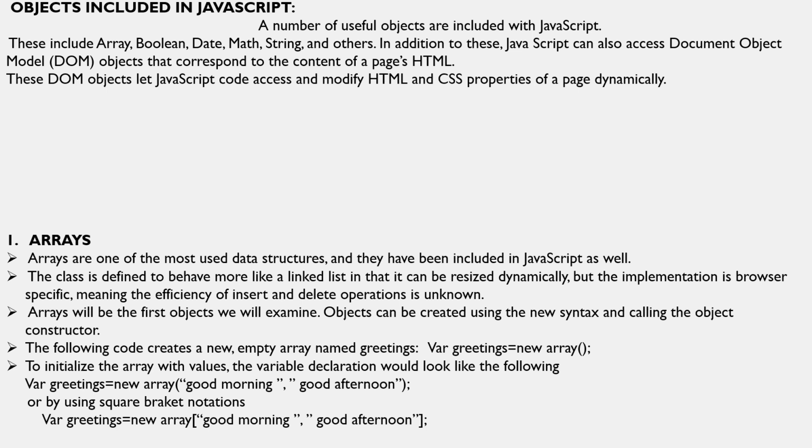These DOM objects let JavaScript code access and modify HTML and CSS properties of a page dynamically. So JavaScript objects include array, string, math, and date.